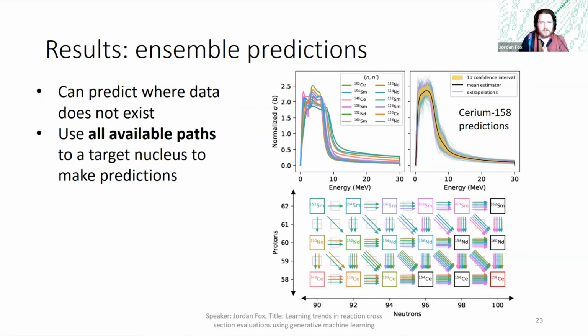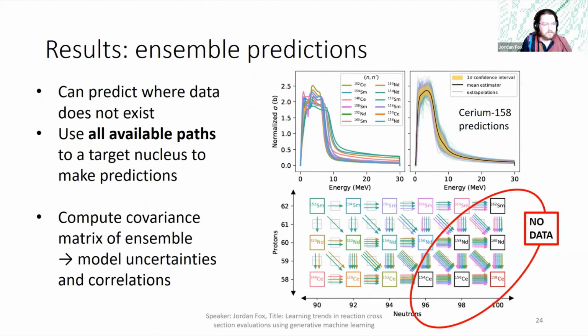So I'm still working on that problem, on how to collect all of those things into one, but that's something I need to work on next. And furthermore, we can look at the covariances of all of these predictions in an ensemble and have a good description of model uncertainties, of theoretical uncertainties and correlations that exist in these predictions.